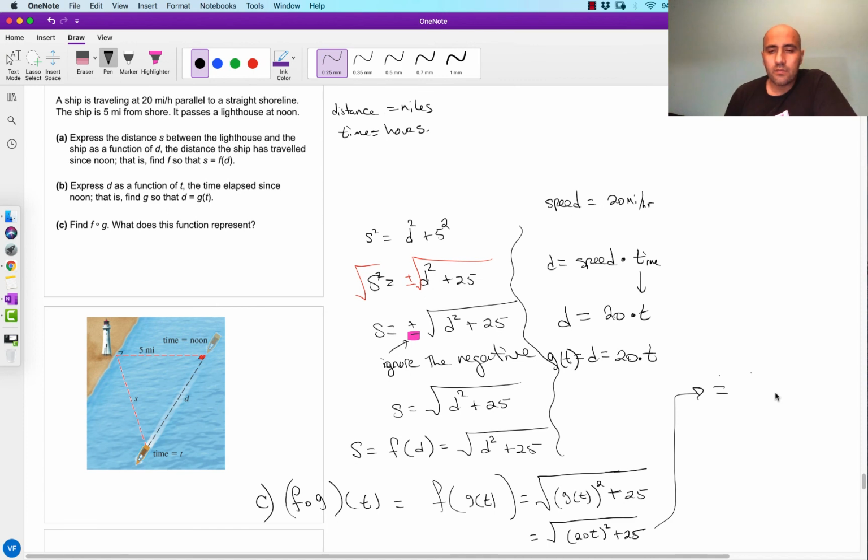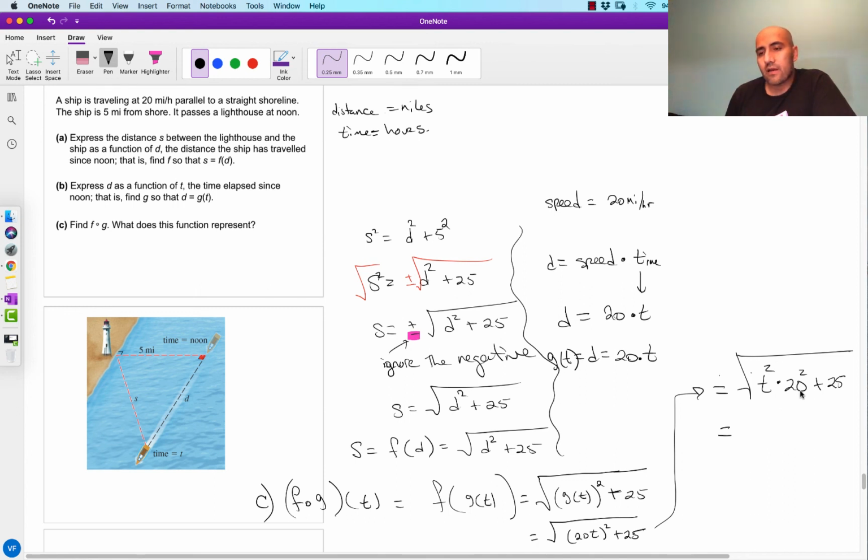So that is t squared times 20 squared plus 25, which we can simplify a little bit.